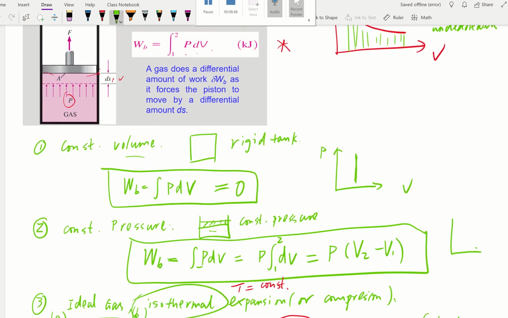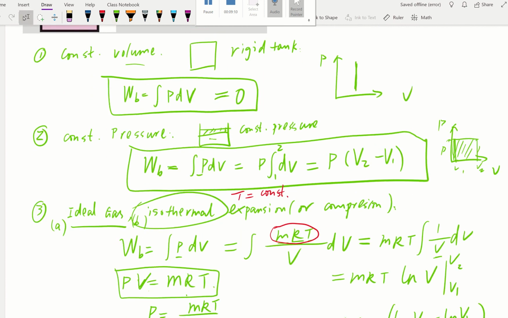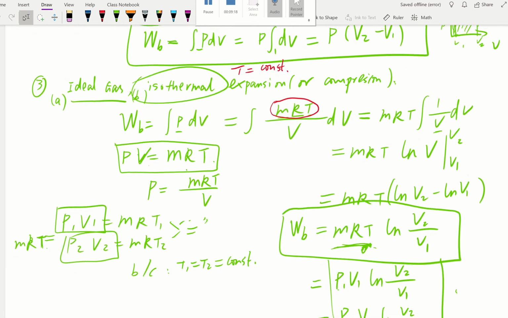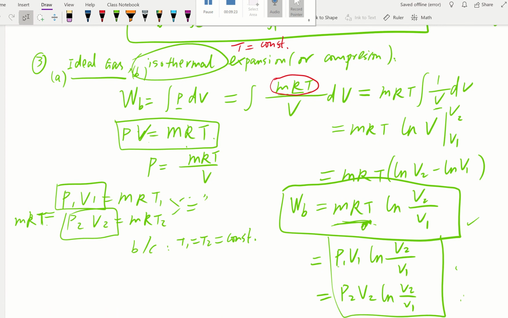On a PV diagram, constant pressure is a horizontal line, so the area underneath is a rectangle, with P as the height and V2 minus V1 as the width. Then the third scenario has to be ideal gas and also isothermal, and after integration we get mRT natural log of V2 over V1. We can replace mRT with P1V1 or P2V2. That's all for this video.